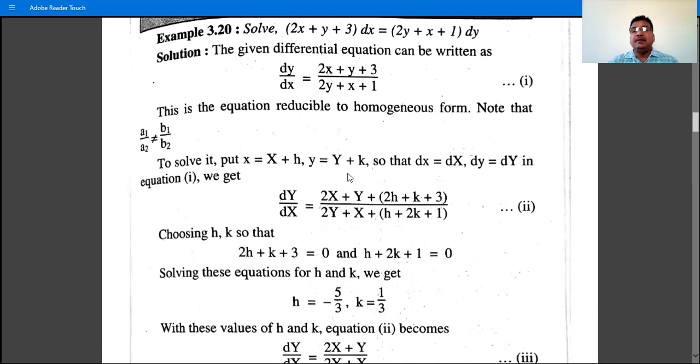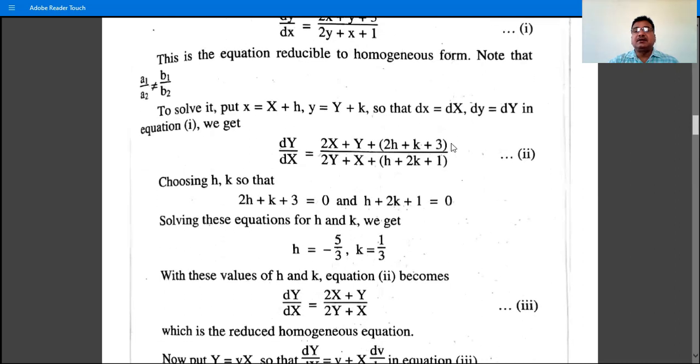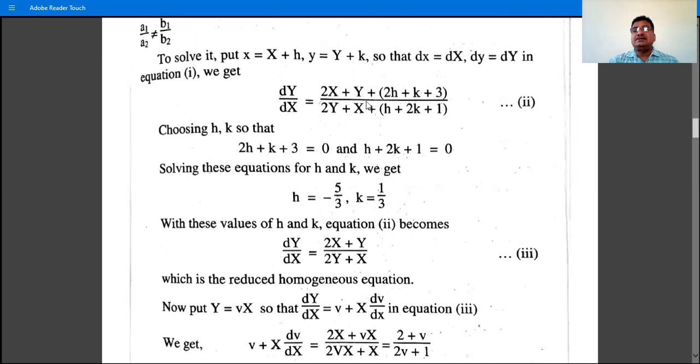And then at the denominator we have 2Y plus X plus (2k plus h plus 1), or (h plus 2k plus 1). We collect the coefficients of X, Y and the remaining terms in one bracket. Then choose h and k so that these brackets are equal to 0. We have to find the values of h and k from these two equations.